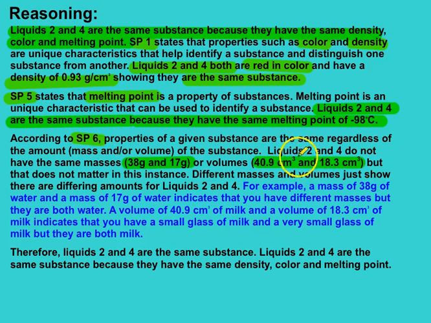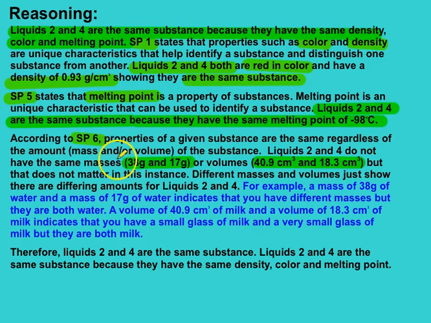So here I am. Scientific principle number 6, it says 2 and 4 do not have the same masses or volumes, but that does not matter in this instance. So that's all I put in the evidence because I needed to have that in the evidence. But here in the reasoning is where I go into more detail. Different masses and volumes just show there are differing amounts of liquids. For example, now this blue part you don't necessarily have to have for a 4, but it definitely makes it a solid 4, and I know exactly what you're talking about.